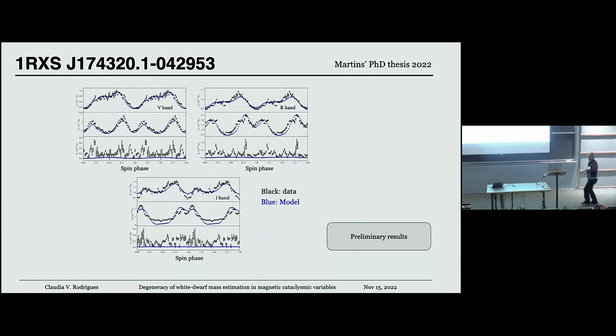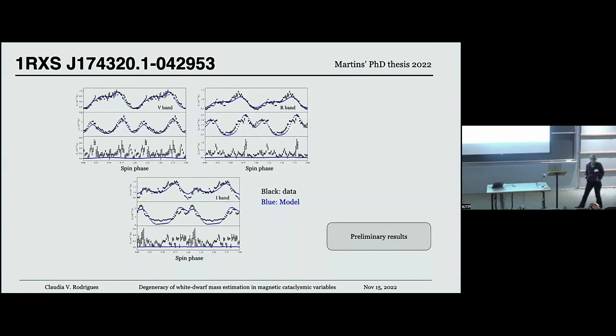And as I like polarization very much, I grew up in science measuring polarization, to understand this kind of objects it is very nice, and it's very important to have simultaneous measurements.